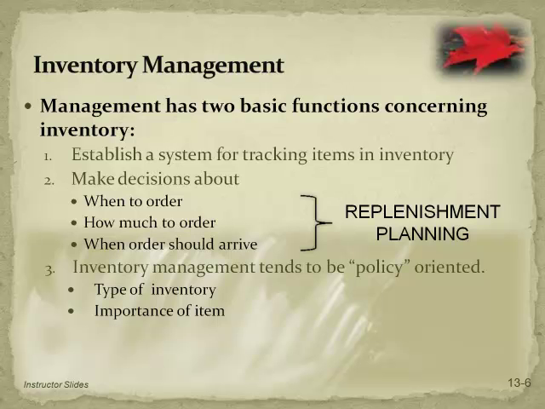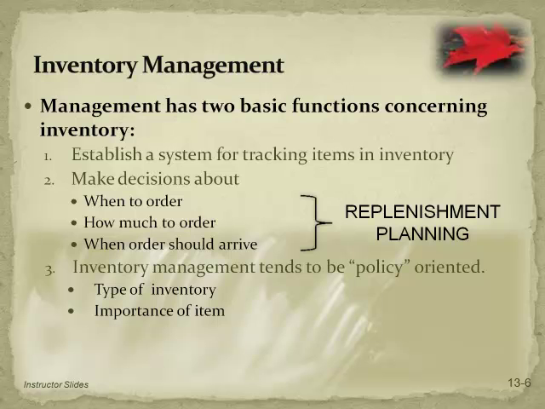So in inventory management, what we're trying to do is basically make some decisions regarding inventory. We need to identify what we need to order or make, and when we need to order or make them.